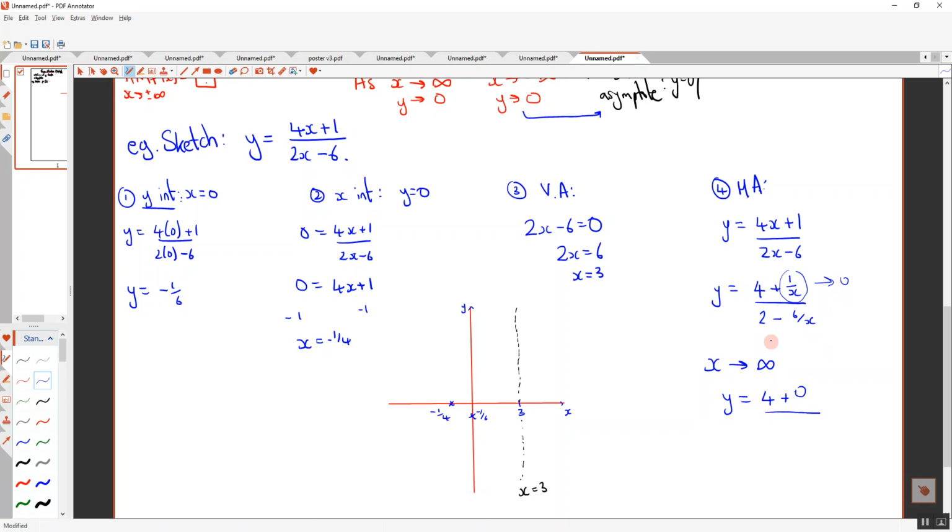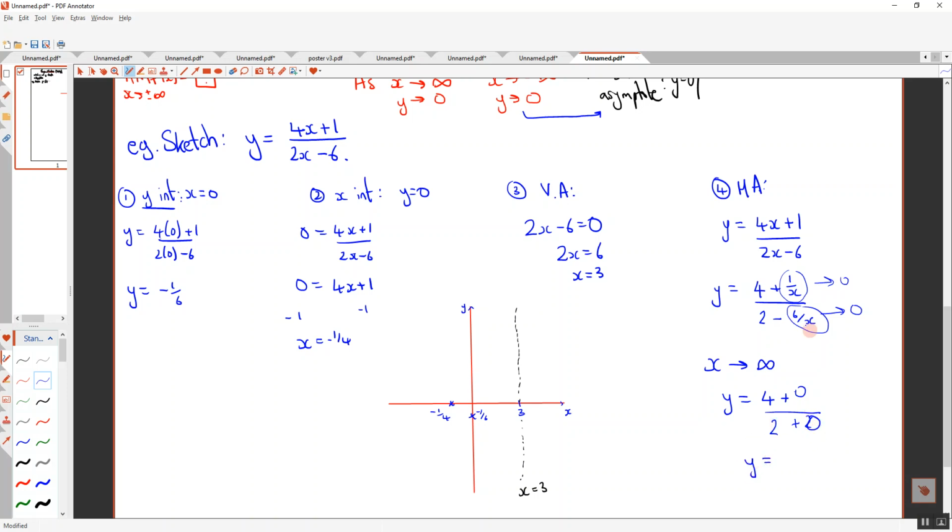What about on the bottom line? Is the 2 affected? No, because there are no x's beside it. What about 6 over x? As x gets massively large, it gets smaller and smaller and closer to 0. So what do I end up with?